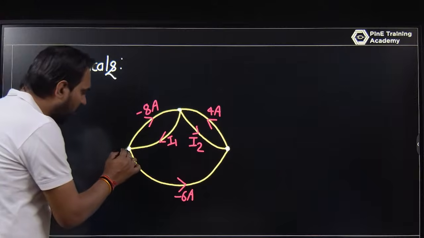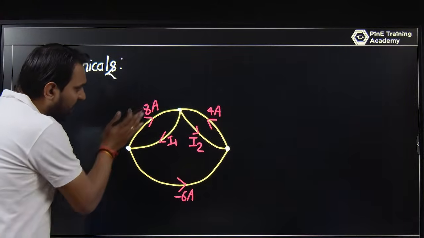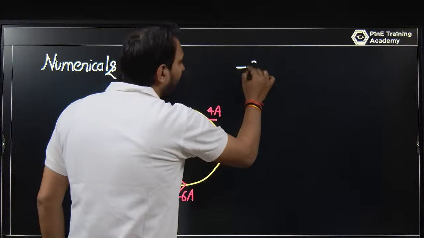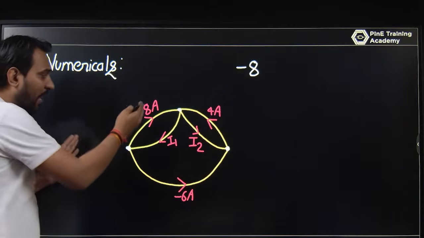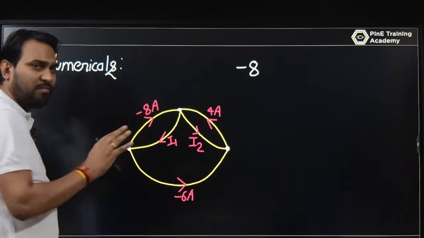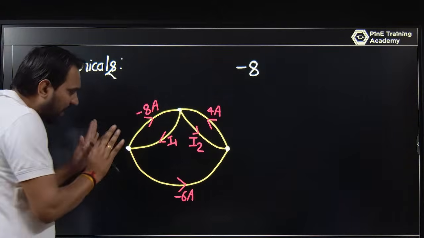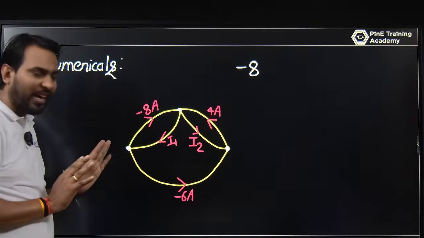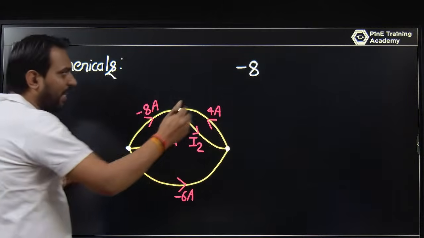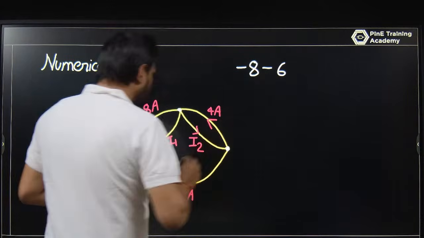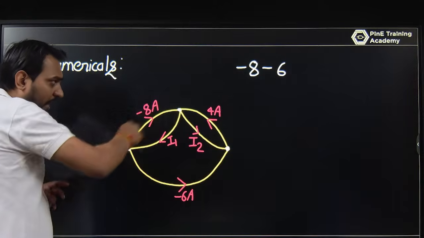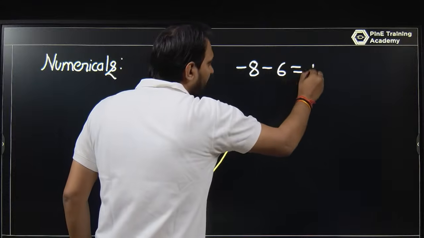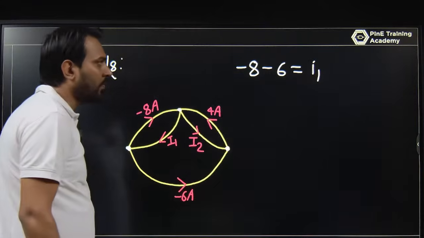So let's talk about this node. The leaving current is minus 8 ampere. The sign is the same, I am not changing the sign. That minus 8 is in this direction, so I am not making it plus 8. I am just saying that the leaving current is minus 8, the leaving current is minus 6, is equal to the entering current, that is your I1.